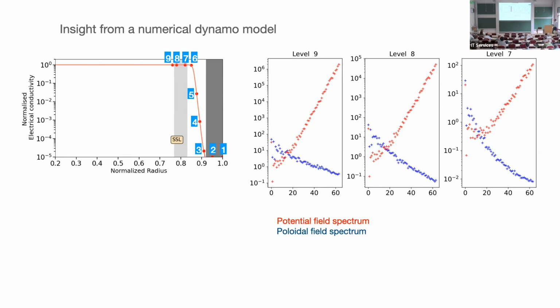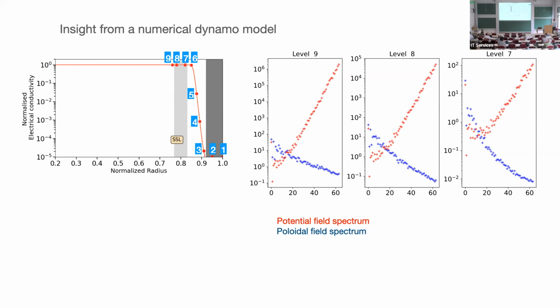But the important process here is that once one gets into a region of reasonable electrical conductivity, the field strength in the poloidal field isn't changing very much with depth, but a downwardly continued potential field obviously continues to blow up as you go to smaller and smaller radius.